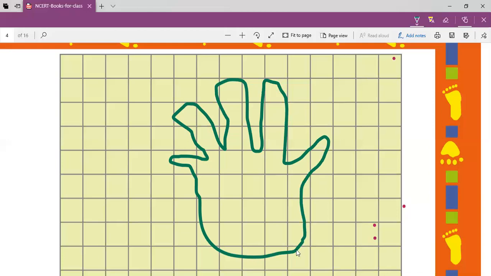You trace your hand here, and see how many complete squares your hand took. Here it has taken a complete square, but downwards it has taken only a little bit of a square.